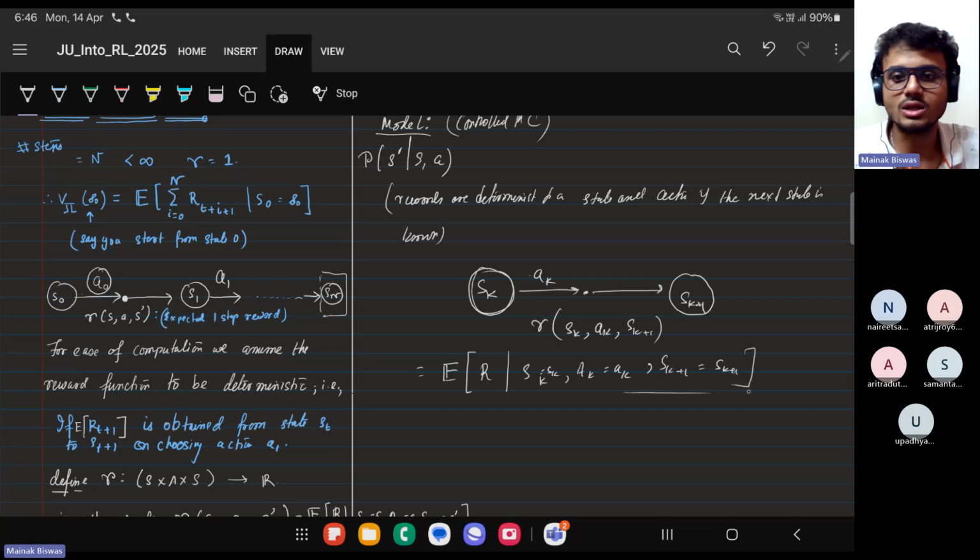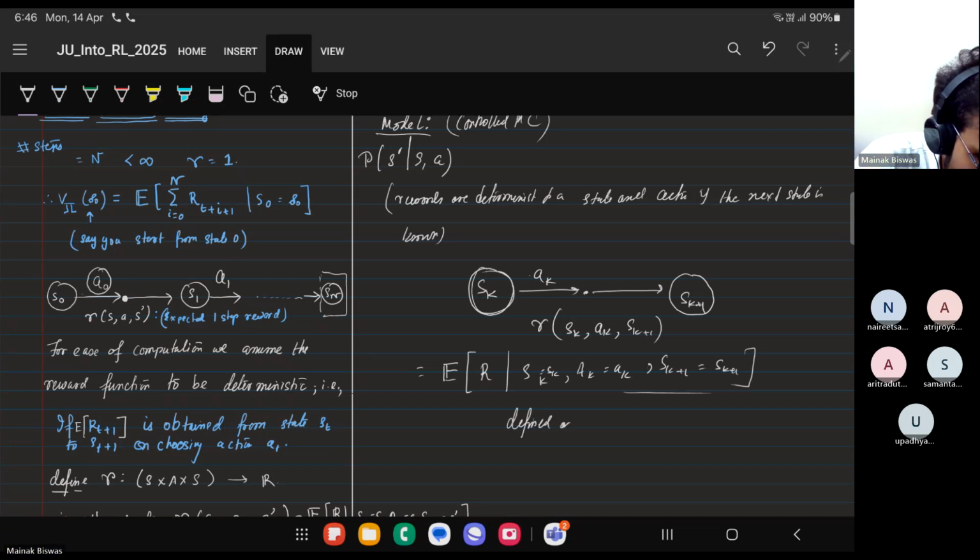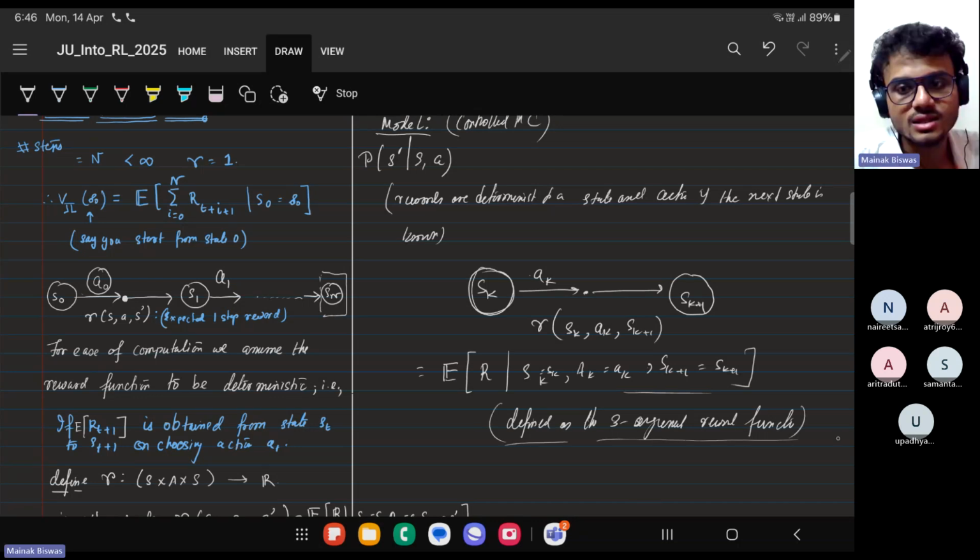Isn't it? What did we define this as? We defined this as a three-argument reward function. Yes or no?